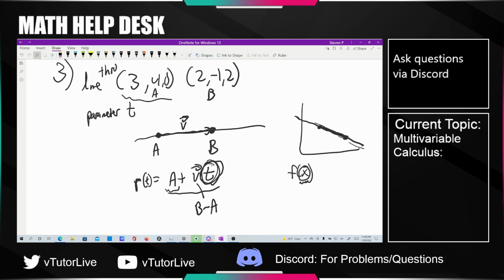Because if you didn't have some arbitrary variable, I could describe the vector between these points, but that's a vector and not the line that we're actually being asked to find, right? In order to define a set of infinite points, which is a line, you need that independent variable to describe all the possible points along the line.